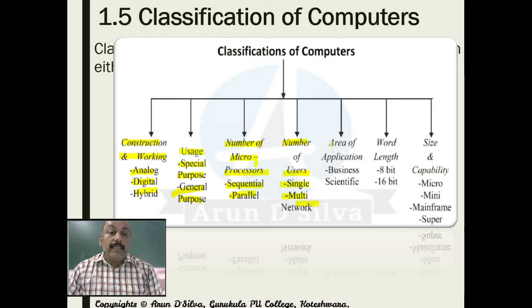The next one is the area of application. Here we can classify it in 2 ways: one is business purpose, and the other is research purpose or scientific purpose, as we call it. The next one is the word length used in the computer. What is the length of the word? That may be 8-bit, 16-bit, or maybe 32-bit and more.